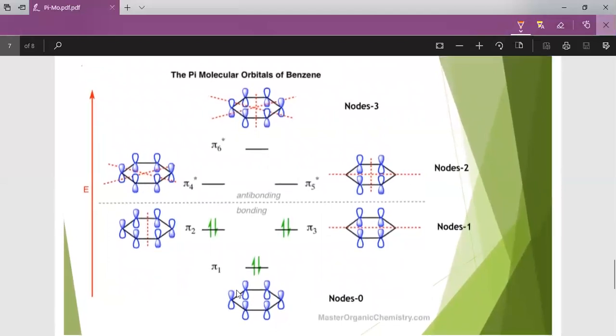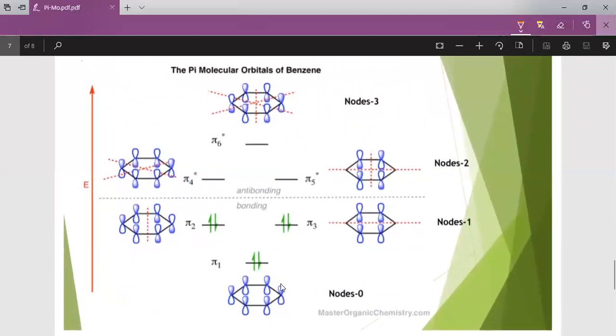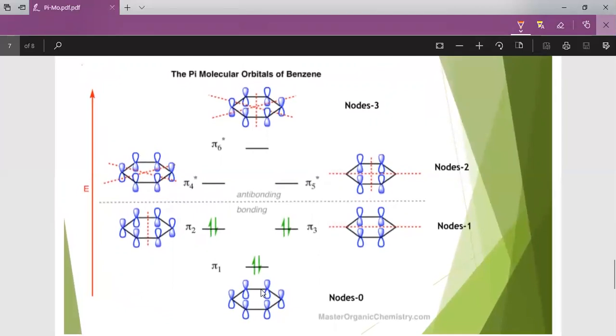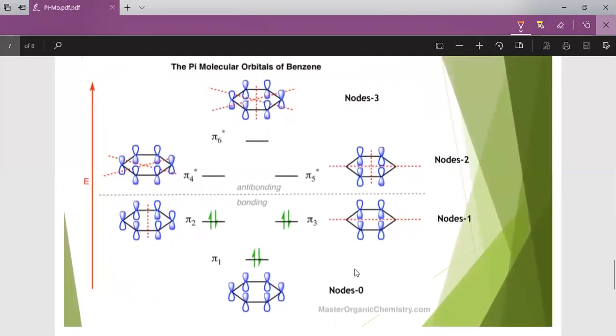So above the plane, all the lobes are showing bonding interactions, and below the plane all the lobes are showing bonding interactions. So totally here the combination is an in-phase combination, that is in the case of the pi 1 energy level. When we observe the structure, here all the lobes are assigned with positive.